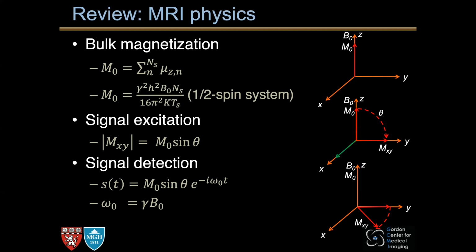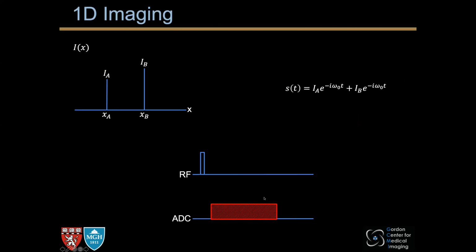And then let's discuss how we can use these basic principles of NMR physics to form an imaging experiment, and how to decode and encode information from these signals. So let's move to the next one.